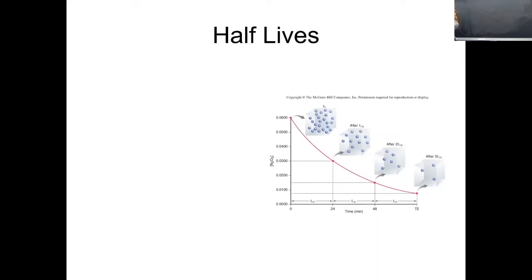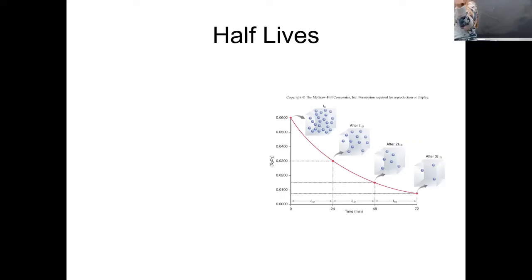Now, what's half of 0.03? 0.015. Okay, so about this much. And the 0.015 is in between these two parts here. If I go over here and go down, this says 48 minutes. So 24 is half of 48 minutes, right?